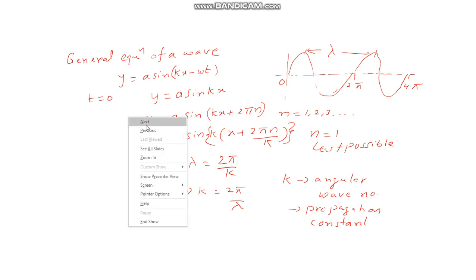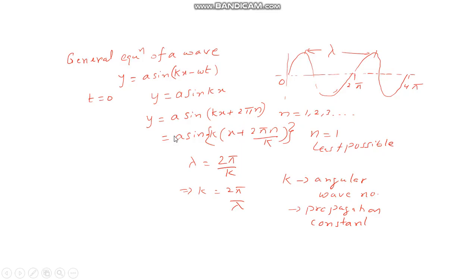Now we will take the same equation, y is equal to a sine kx minus omega t. Now we will put x is equal to 0. What we will get? We will get y is equal to a sine minus omega t.